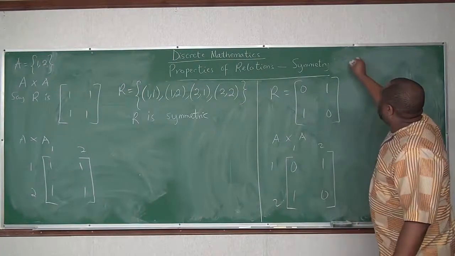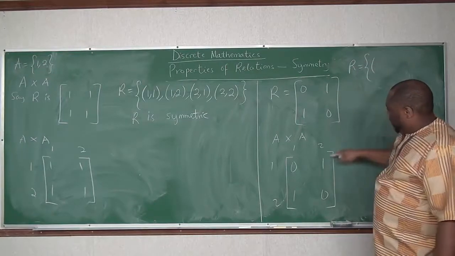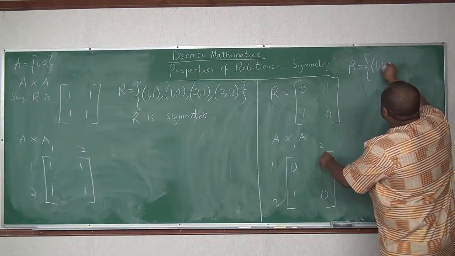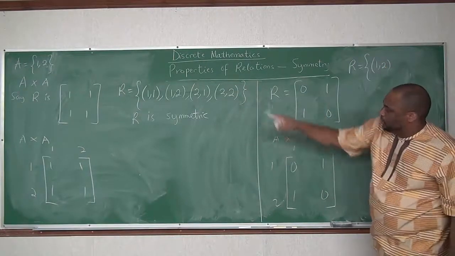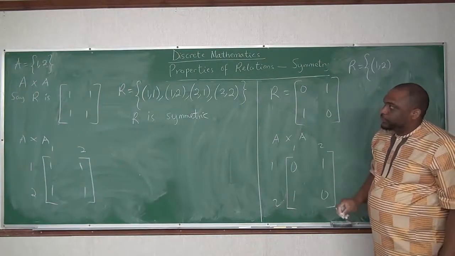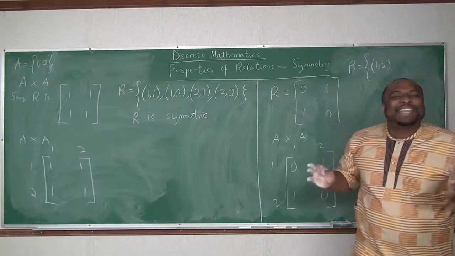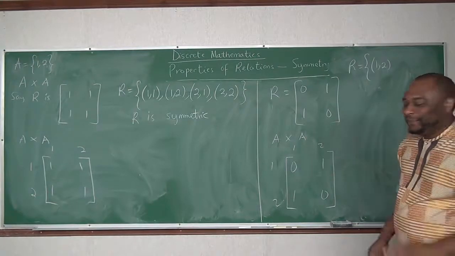So if you convert it, R will be, you have 1, 2, 1, 2. Remember, A is 1, 2, and A is 1, 2. A by A, the Cartesian product. Let's say A by A, A cross A, Cartesian product.